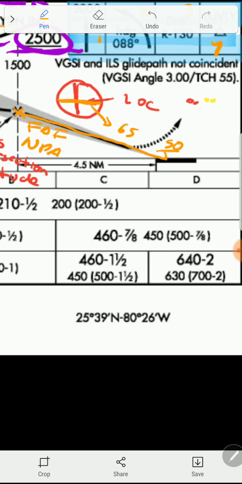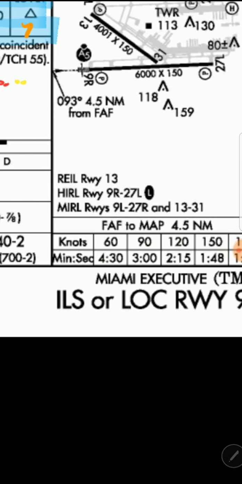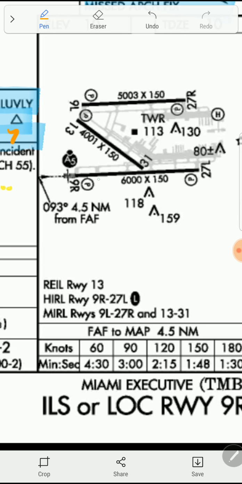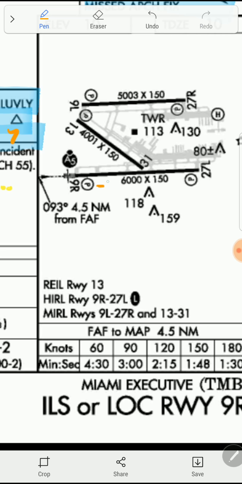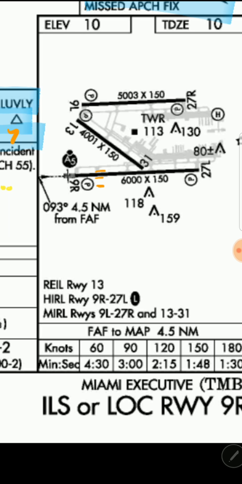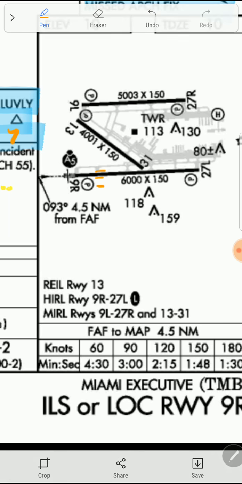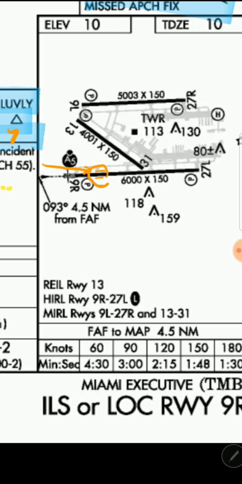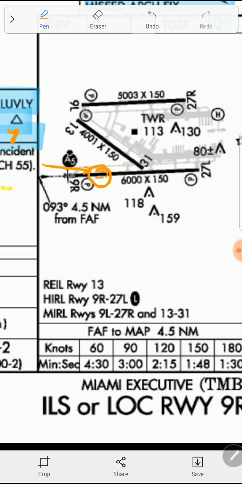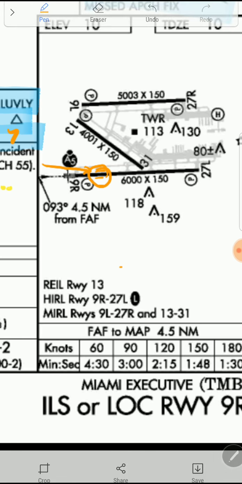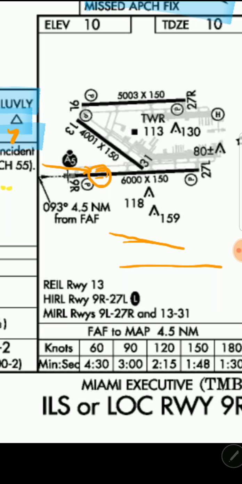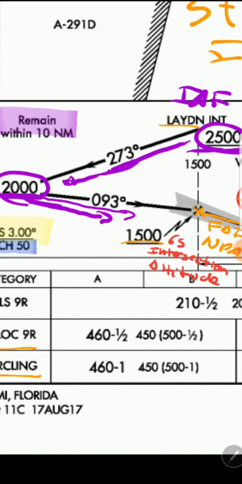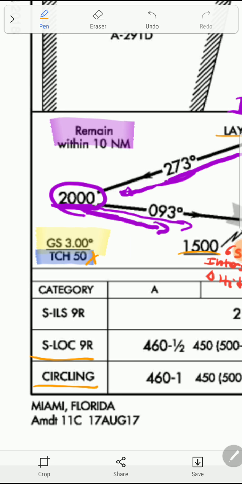Why? Because when you're following the glide slope, here's a couple of aiming points. The glide slope will give you guidance all the way so you can touch down in the touchdown zone. So if you follow the glide slope, between the runway and your airplane there is going to be a separation of 50 feet. That is what the threshold crossing height stands for.